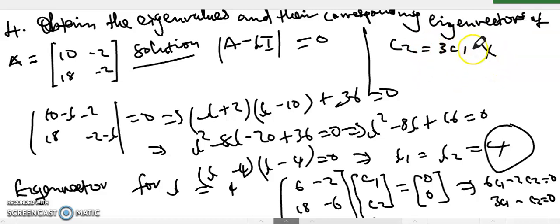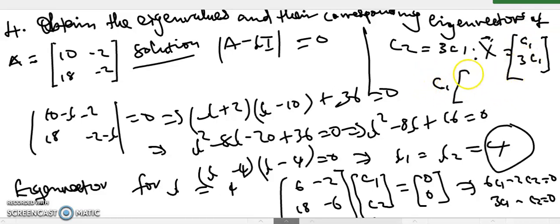And this will give us the x value. The x value in this case, which is a vector, will be C1 and 3C1. Of course, what this means is if we factor out C1, we have C1 times the vector 1, 3.